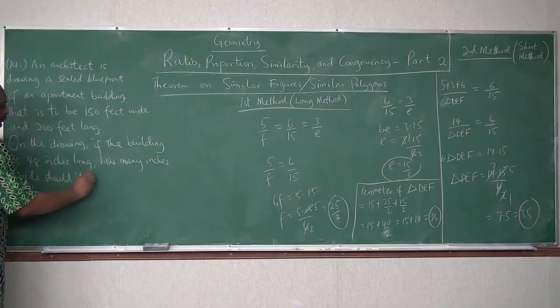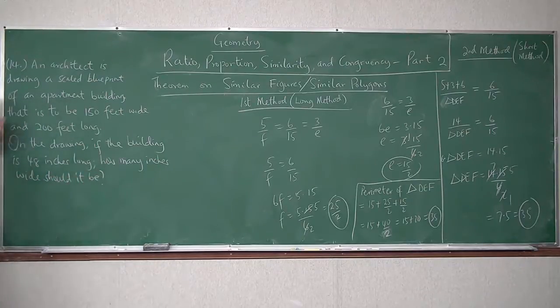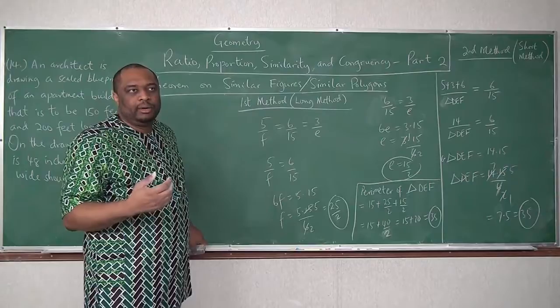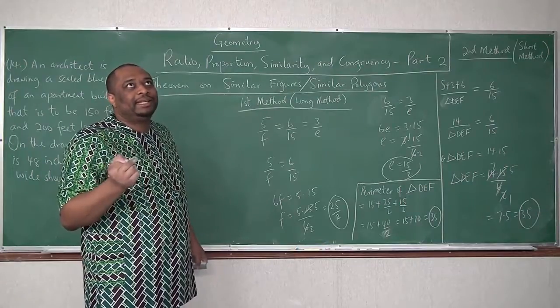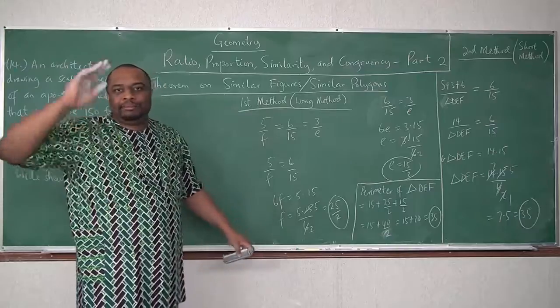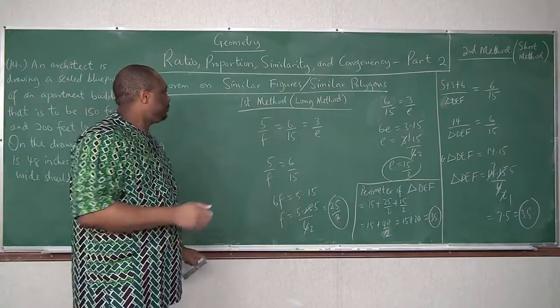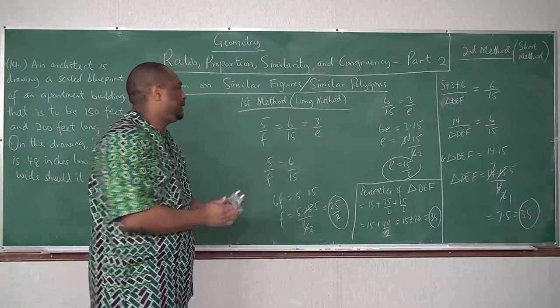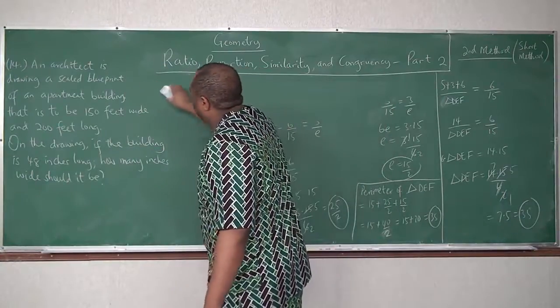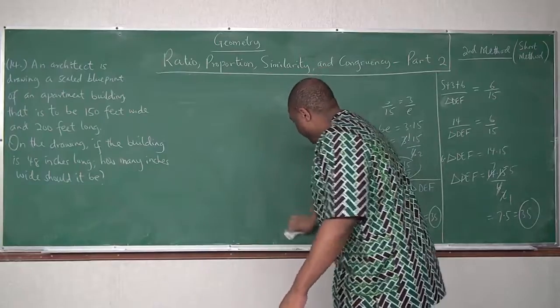So this is similarity. It is proportional reasoning. You can call it proportional reasoning if you don't want to call it similarity, but it's the same building. We talked about this in part one of the video.